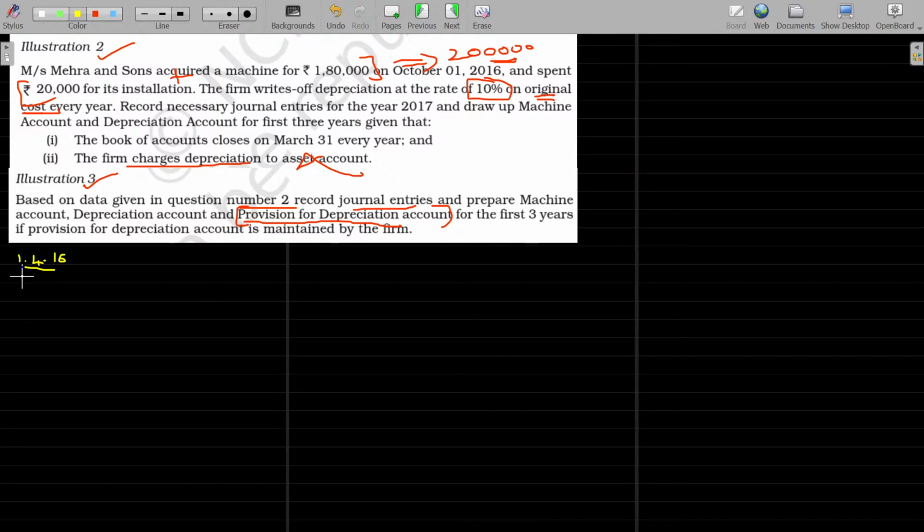On this date, at the time of purchase, the asset entry being machine account debit to bank account, the value being 2 lakhs.